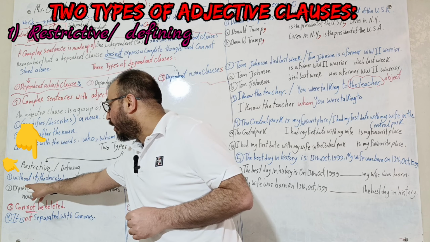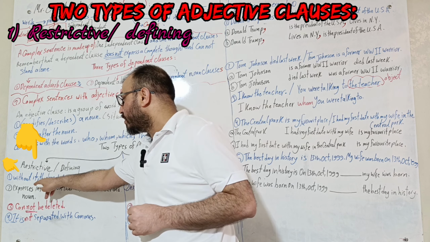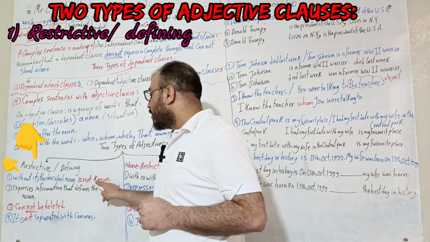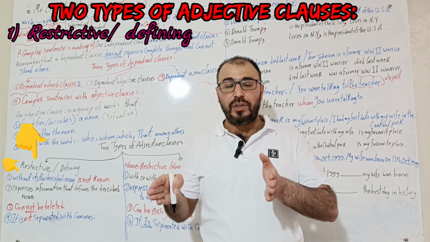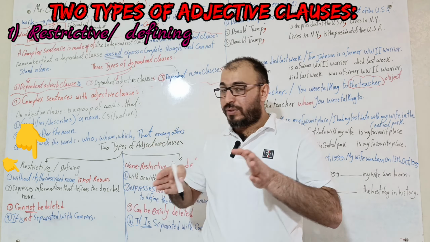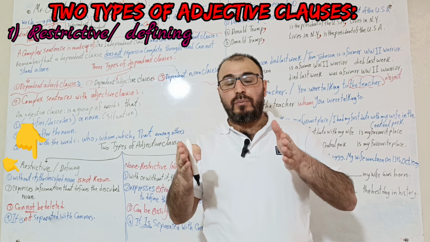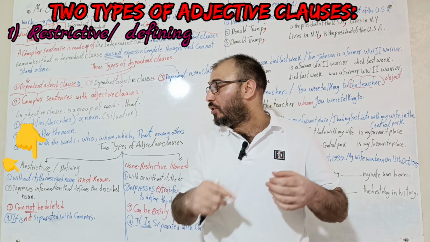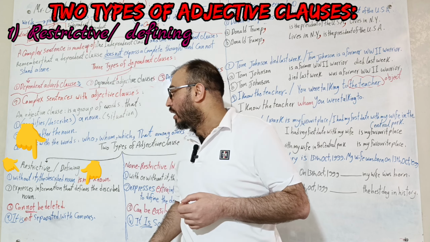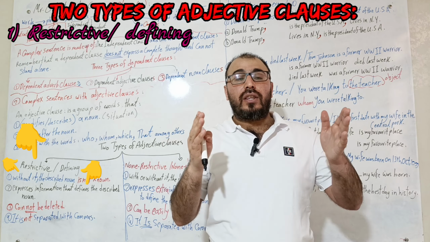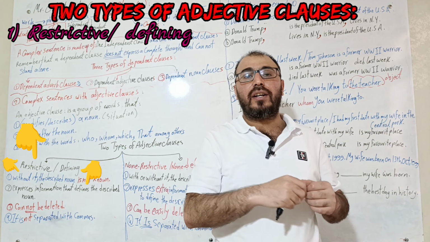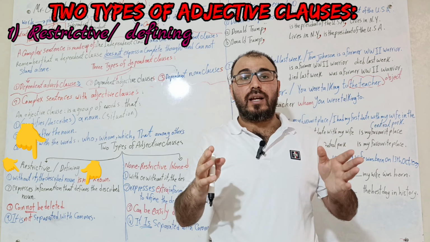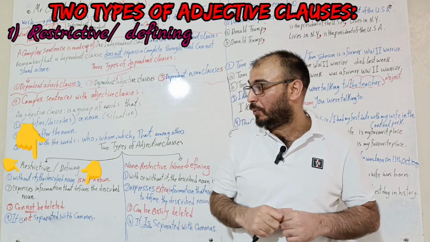The first one is that without this clause, the described noun is not known, which means if you use this dependent adjective clause in a sentence to modify or to define a noun, and you delete this clause, the noun which is defined or modified with this clause is not going to be known anymore.